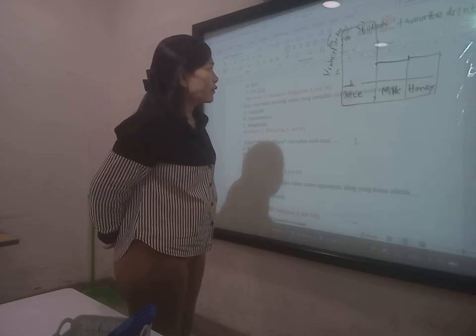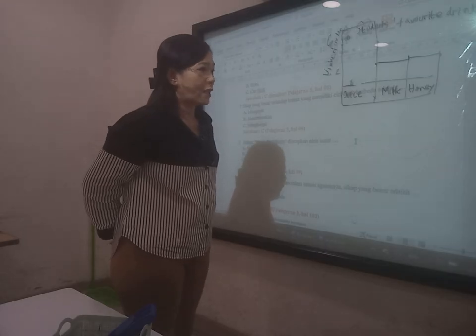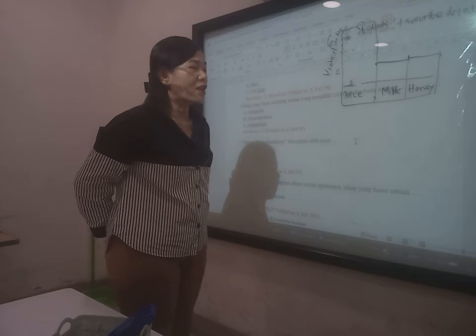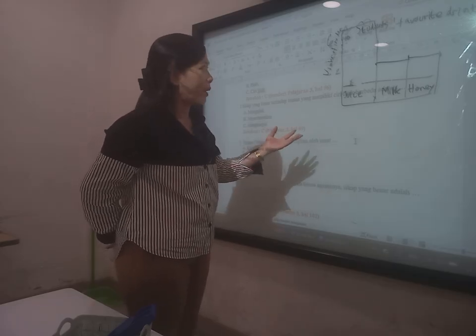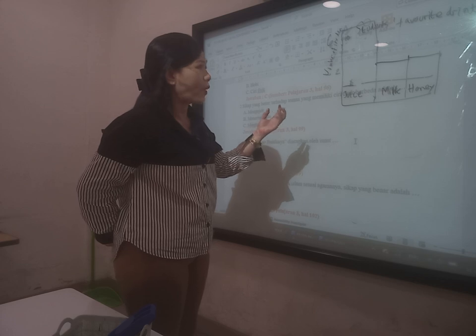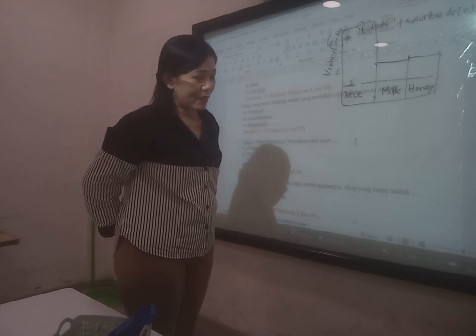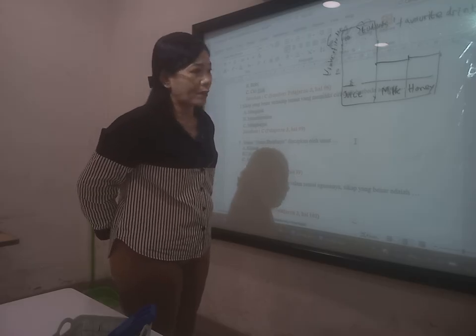All of the students, for sure, are also active in drawing this. For the rest, the total of 10 students, they also prepare the same block graph from their favorite drinks. So they also draw and make a block graph.